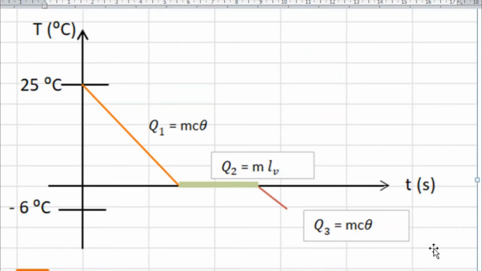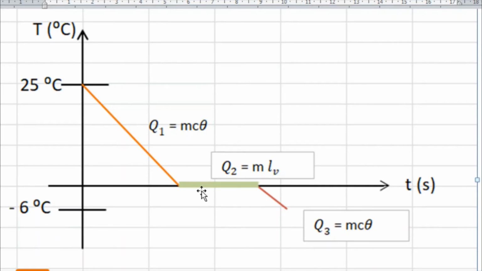Before you answer this question, study the graph on the screen. The graph represents how the water changes from liquid to ice, from 25 degrees Celsius to negative 6 degrees Celsius.